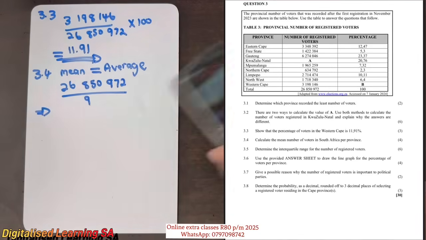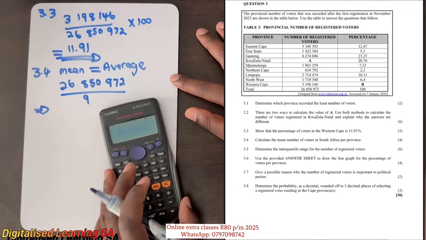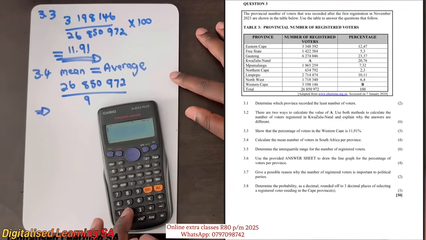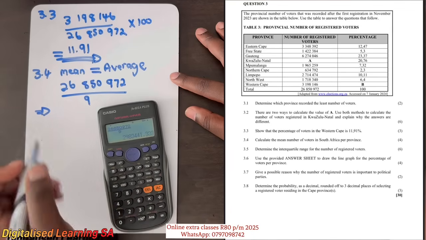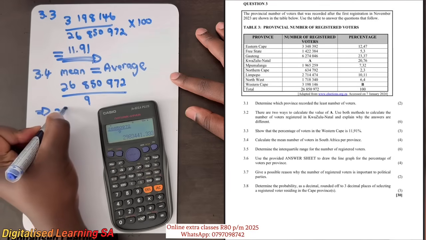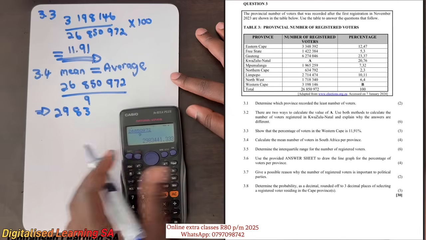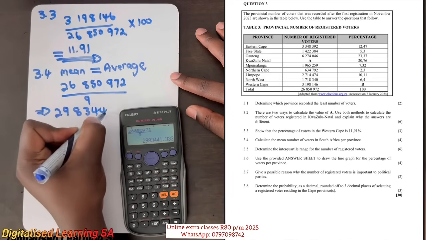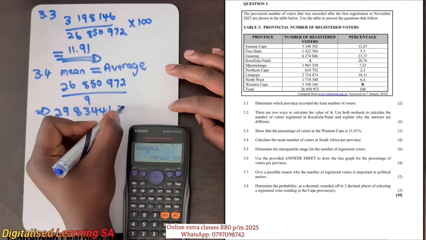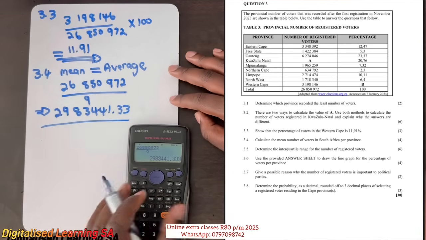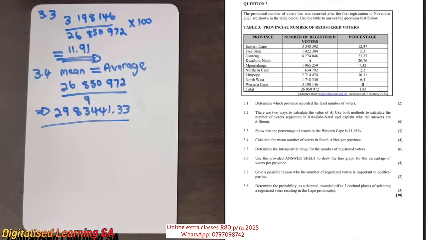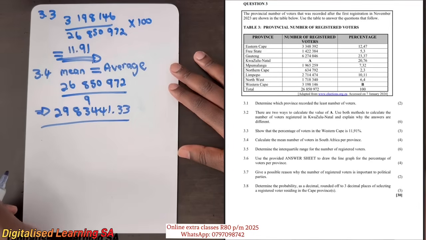So let's quickly do that: 26,850,972 divided by 9, and our answer will be 2,983,441.33. So this will be our mean.